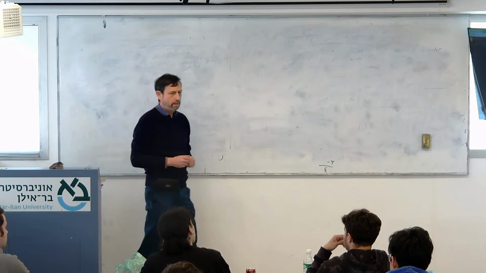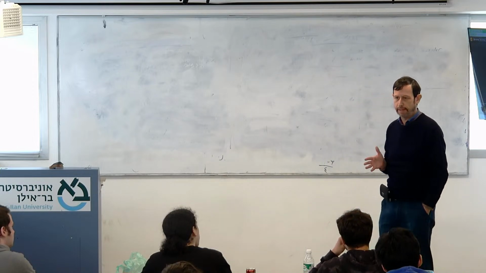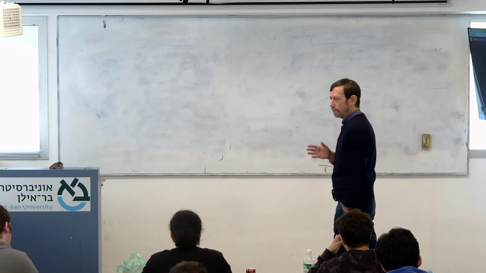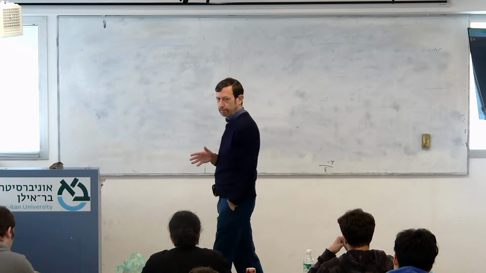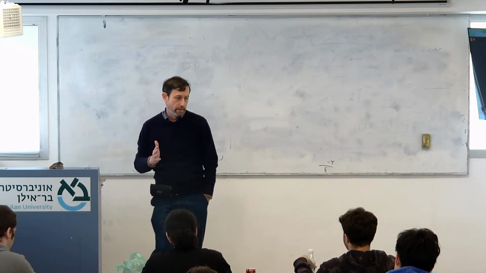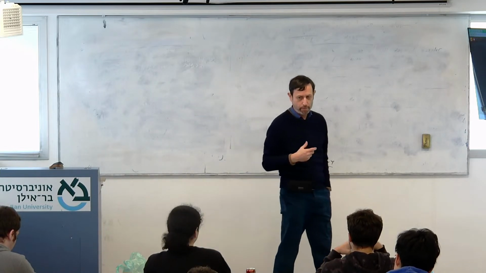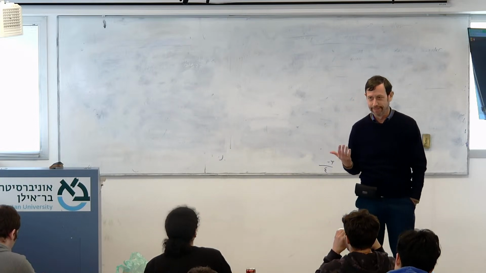Okay, so what we did in the previous lecture, we finished at the point where we had basically the eigenvalues and eigenvectors of the position operator. Okay, naturally we'll move on to the momentum operator.